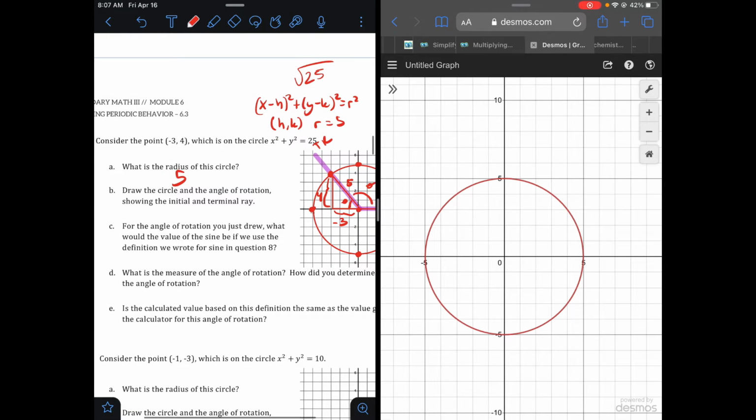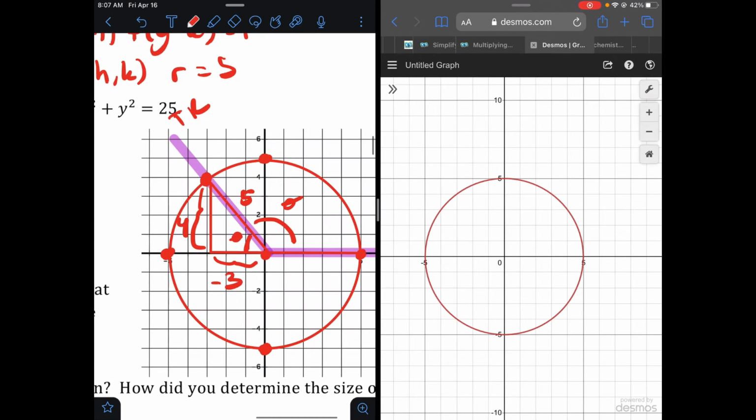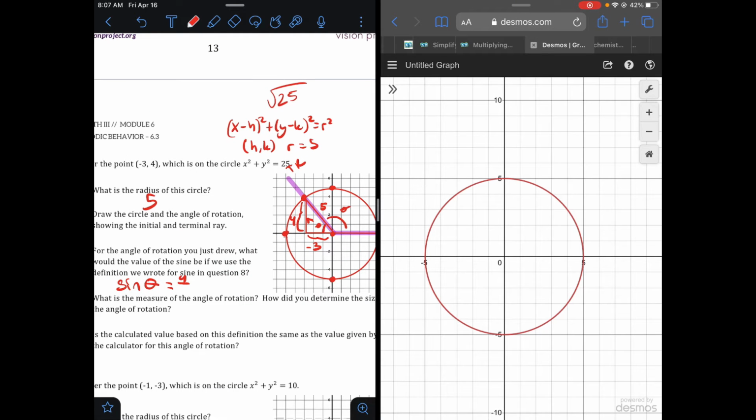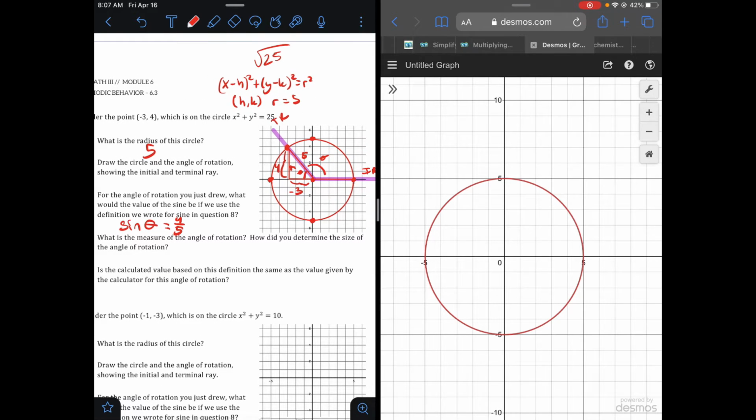So we could do sine of theta equals, and we're going to do our opposite over our hypotenuse. Well, our opposite of this value is 4. And then we're going to put it over 5, because that's our hypotenuse. It says, what is the measure of the angle of rotation? How did you determine the size of the angle of rotation?